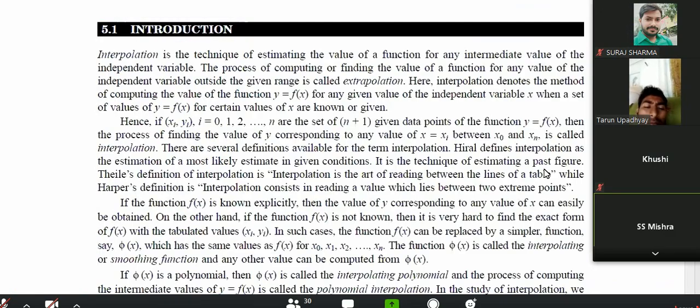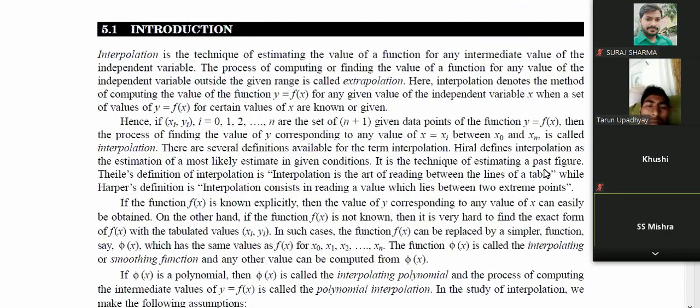To make it more clear, we can define extrapolation. Extrapolation is what? Interpolation and extrapolation, as I told you, this is the range.